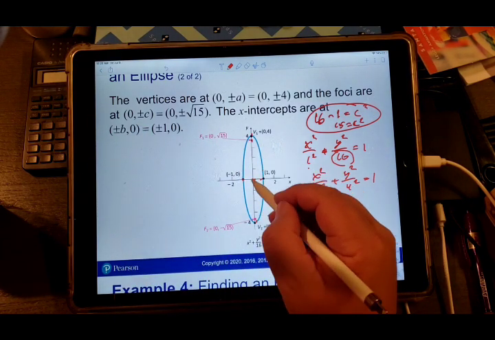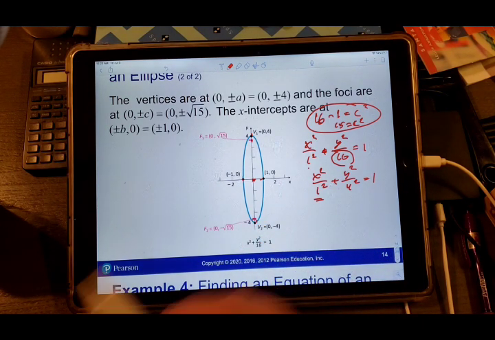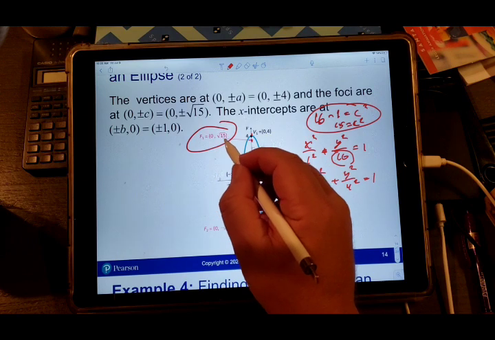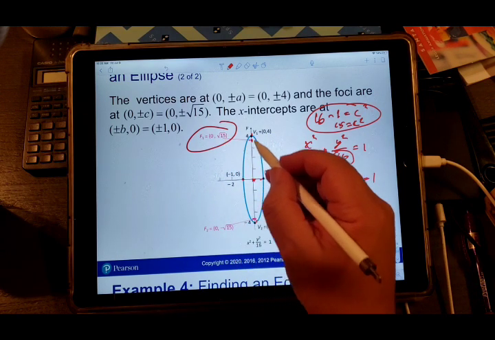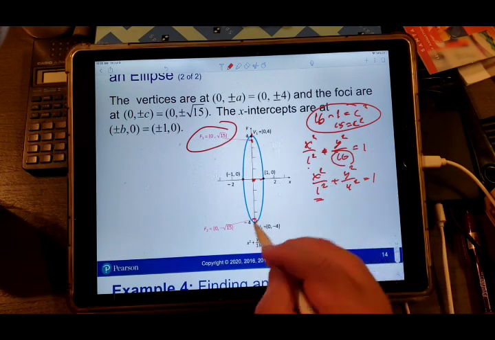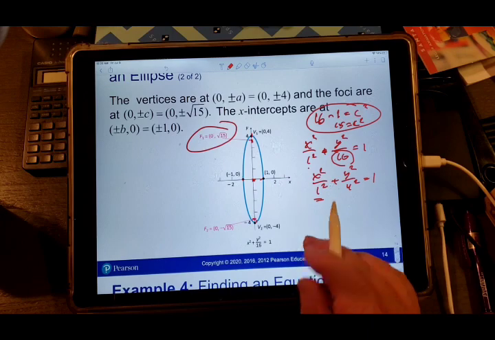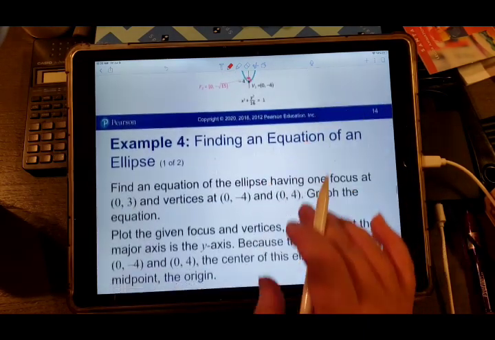So I go square root of 15 in one direction, square root of 15 in the other direction. They didn't really calculate square root of 15, but I kind of know. The square root of 16 is, of course, 4. So the square root of 15 is a little less than 4. But just so you could kind of see what those points look like, you might get that.